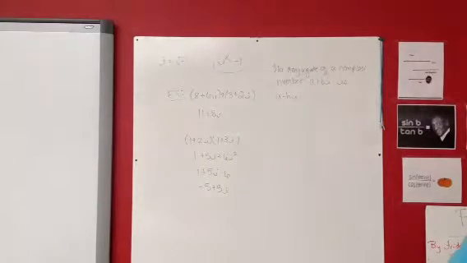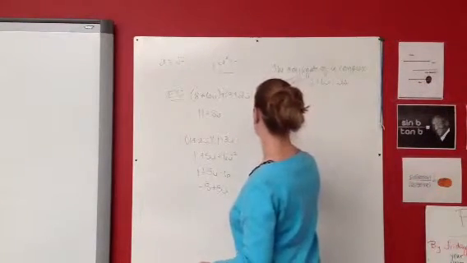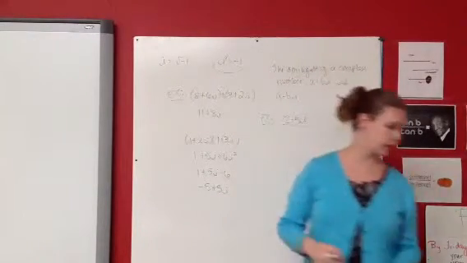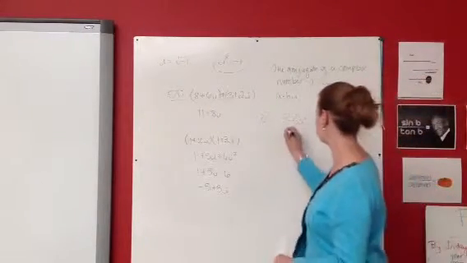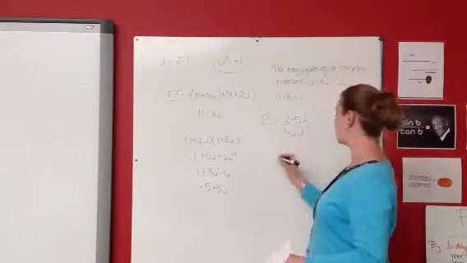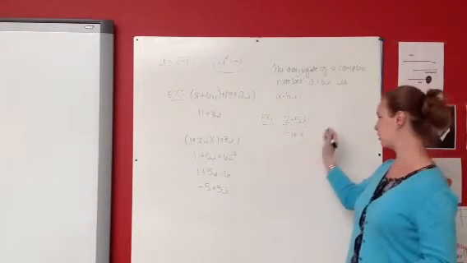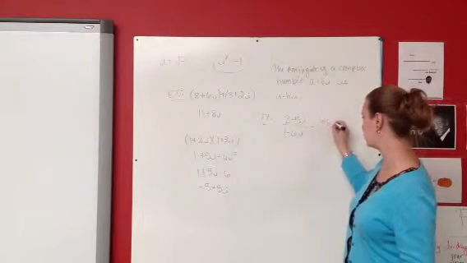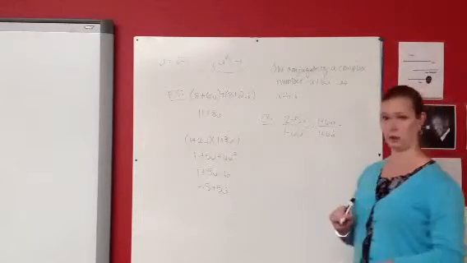Example 6, it says to divide 2 minus 5i by 1 minus 6i. So the problem here is that we have a complex number in the denominator. So what we're going to do to make that real is multiply by the conjugate. Okay?